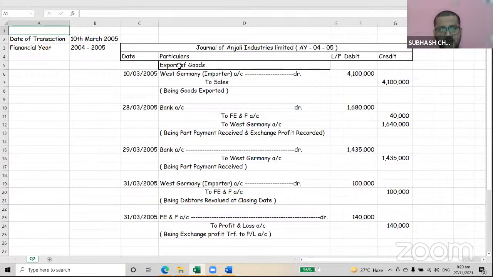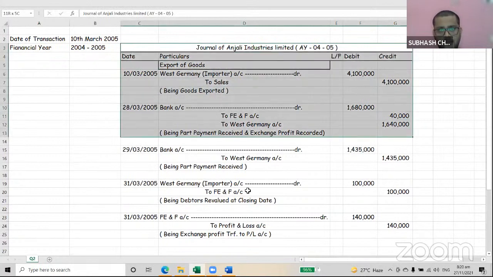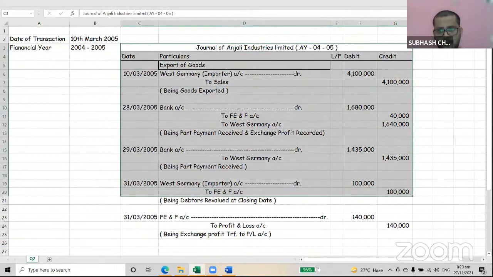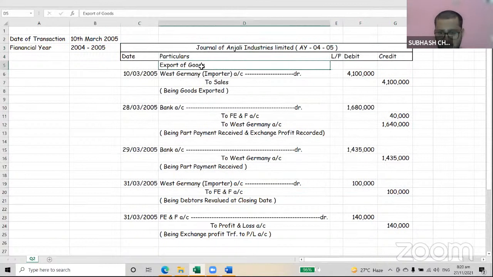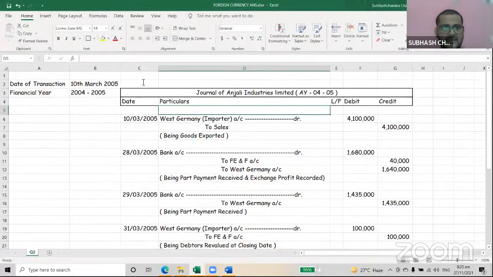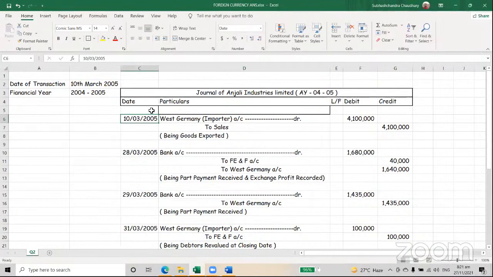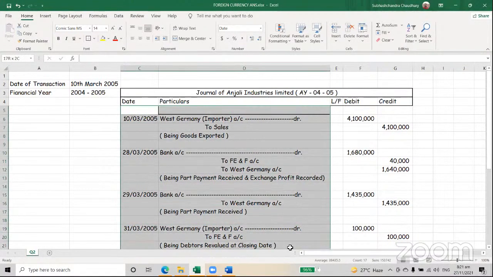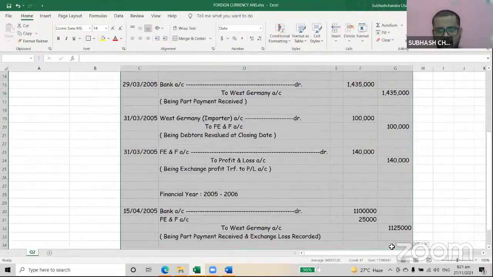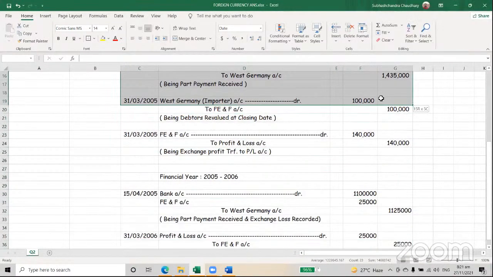Now what can we do? Anything you want to ask in this question, you can ask now. Sir, can you please zoom out the screen so I can take a screenshot? I will be sharing with you now, don't worry. Okay, sir.